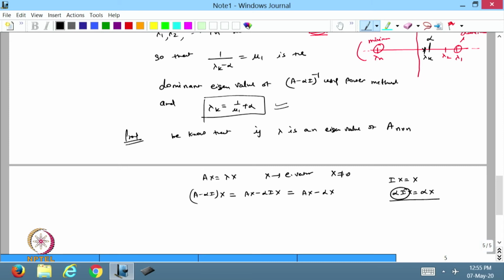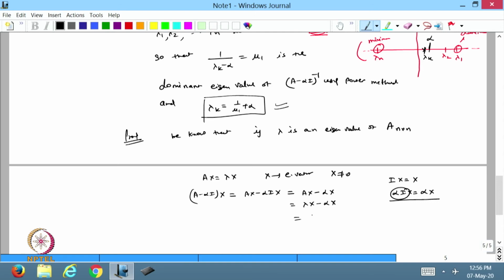So, the constant matrix alpha I has the eigenvalue alpha. So, from here I can write A x is equal to lambda x and minus alpha x is equal to alpha x.